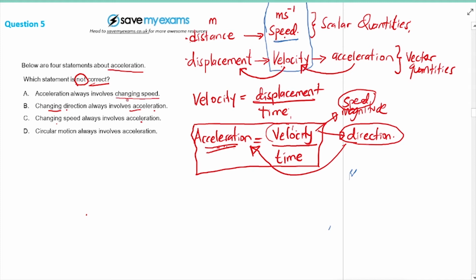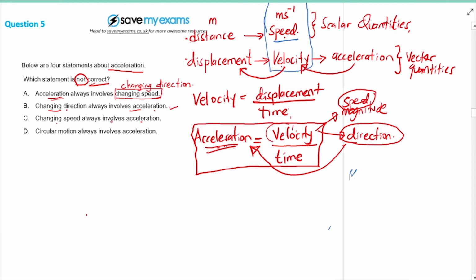Now, when the speed changes, yes, acceleration will change. That is true. But changing speed is not the only thing involved here. There is changing speed and then there is changing direction. If you look at B, it says that changing direction always involves acceleration. That is true.